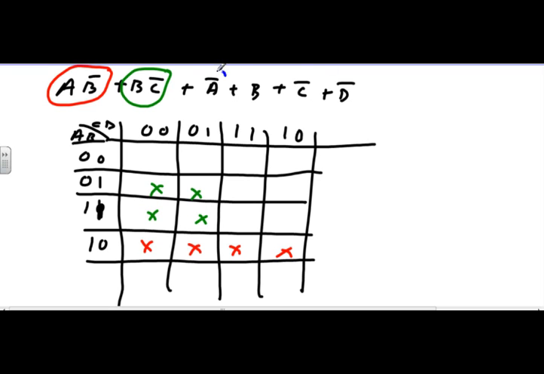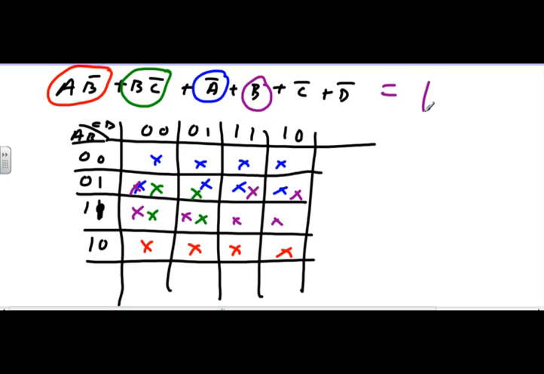Here's A naught. 1, 2, 3, 4, 5, 6, 7, 8. Okay. Here's B. 1, 2, 3, 4, 5, 6, 7. And I don't have to do anything else because it's equal to 1 and I'm done.